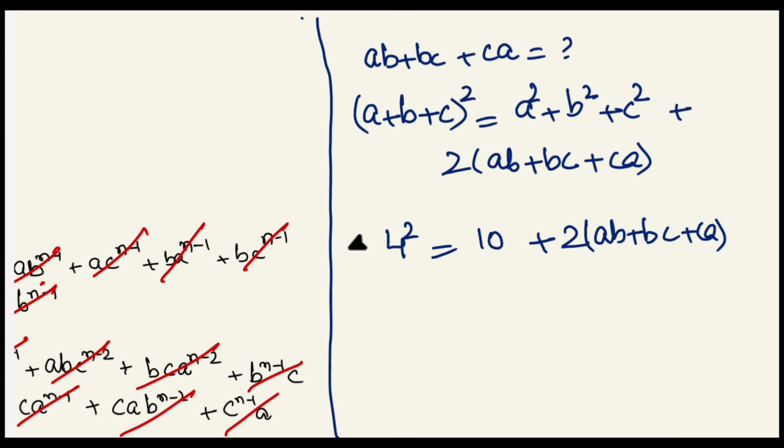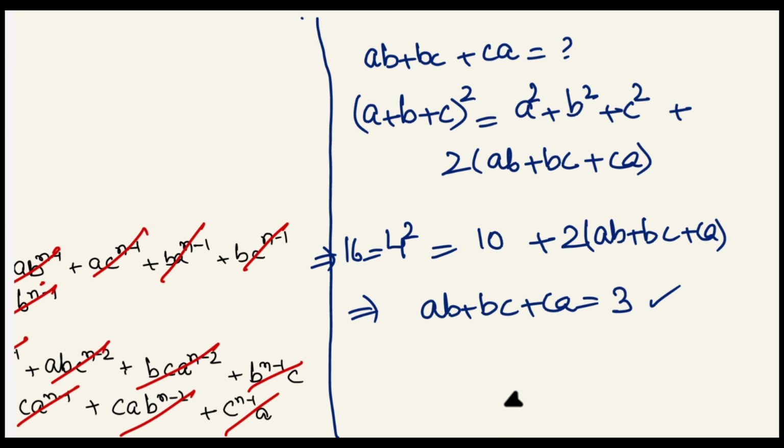So 4² is nothing but 16. So this implies ab + bc + ca is equal to (16 - 10)/2, that is 3. So we found this value. The value of ab + bc + ca is 3.